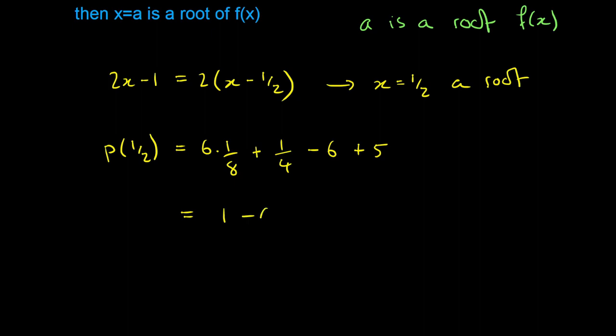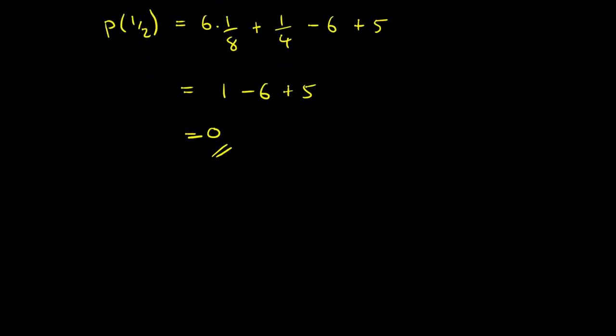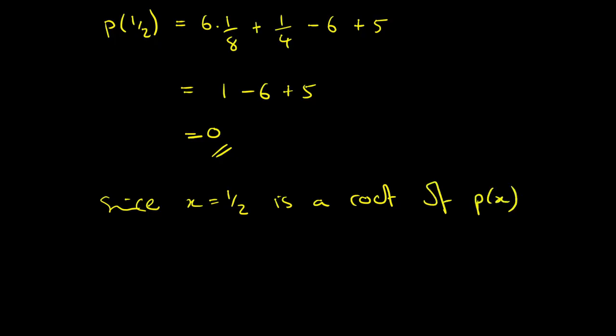So we've got 1 minus 6 plus 5, and that's equal to 0. So we can write a statement like, since x equals a half is a root of the polynomial, then x minus a half is a factor.